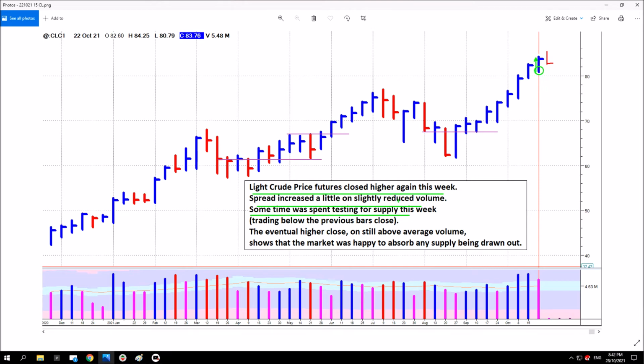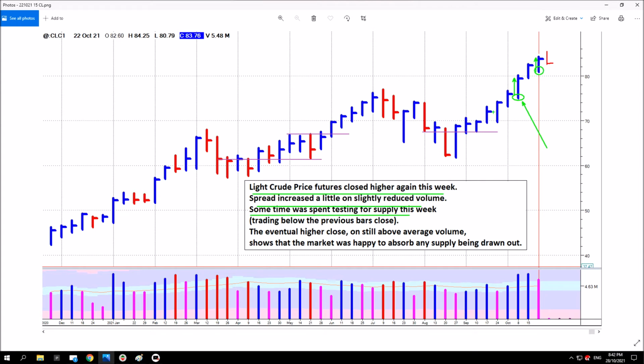So when you see testing for supply on the weekly time frame, you'll see that as trading below the previous bar's close. You can see it on this bar here, a little bit of trading below the previous bar's close. That would have been some testing for supply. Generally, you'd find that the market was really bullish and it's bounced off that.